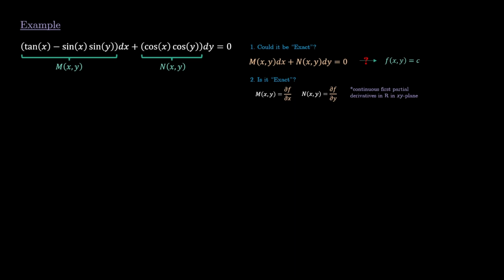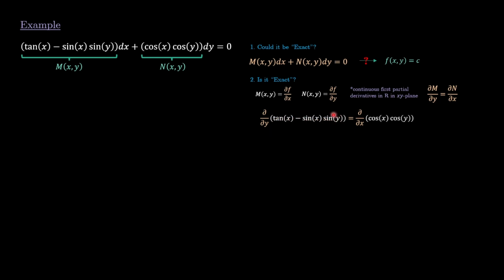The way we prove this is we solve for this equality, where the partial of M with respect to y has to equal the partial of N with respect to x. So we plug in our M and N. Now, on the left side, you're taking the derivative with respect to y, so essentially this goes to 0 because it's treated like a constant, a sine in terms of x.